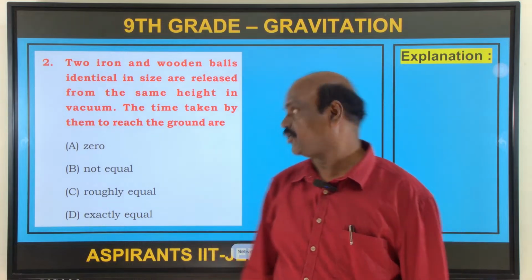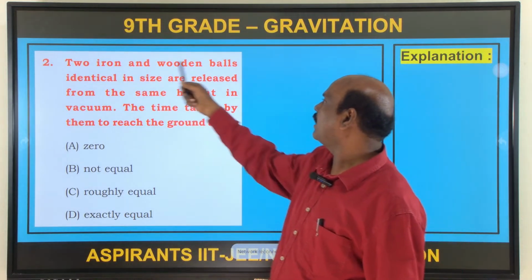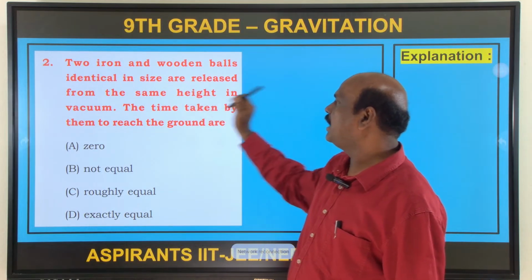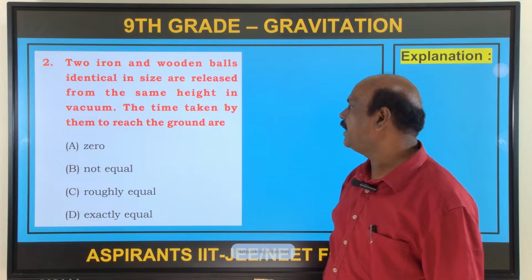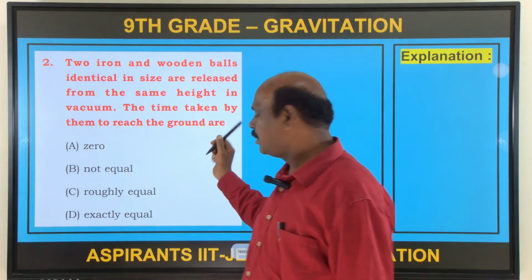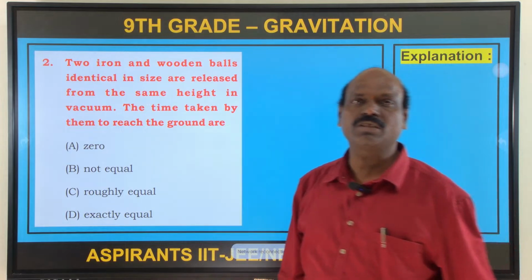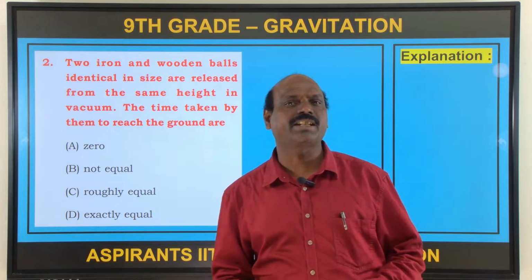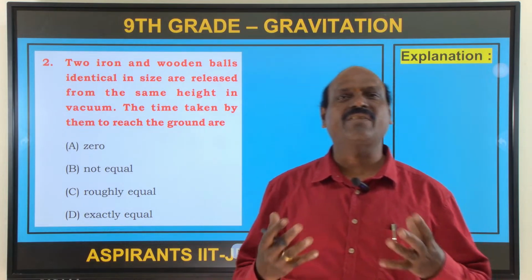Next, two iron and wooden balls, meaning one ball made of iron and the other ball made of wood, identical in size, are released from the same height in vacuum. What is the time taken by them to reach the ground? Will both reach at the same time or at different times?